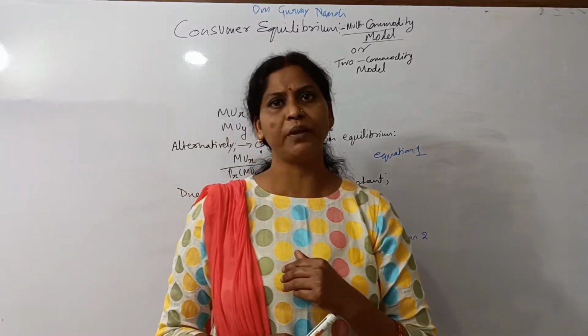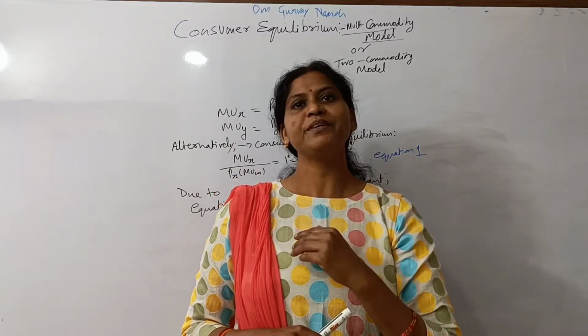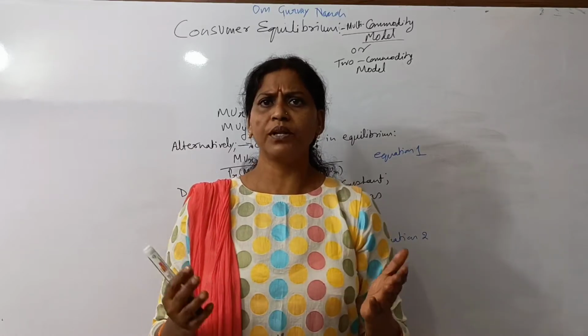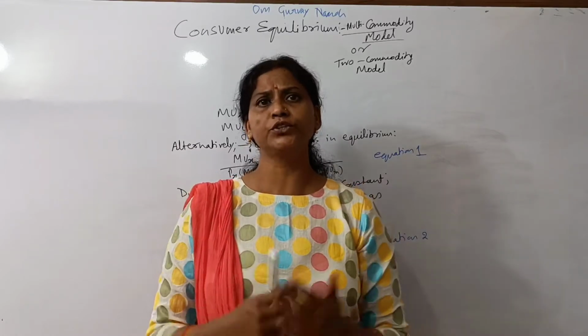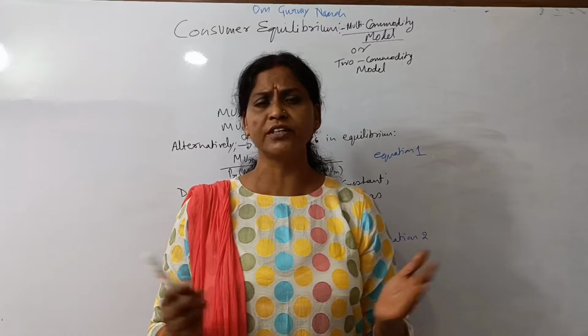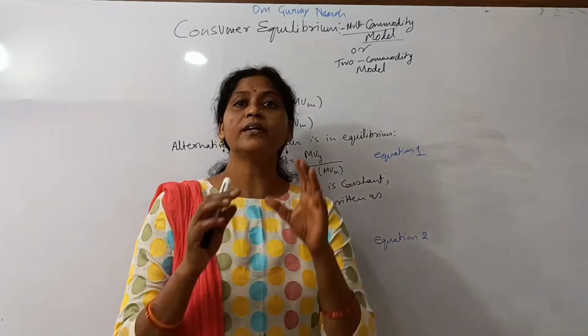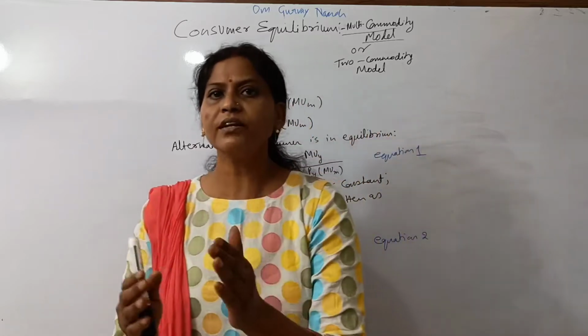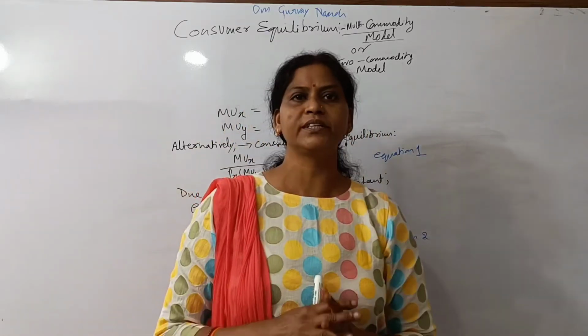Let us now explain consumer equilibrium in a multi-commodity model. In real life, people like me and you consume a large number of goods and services in day-to-day life. For the sake of simplicity, however, we will consider only a two commodity case.